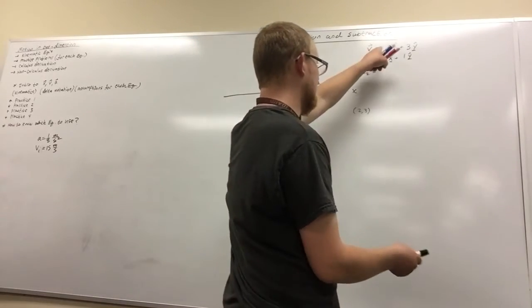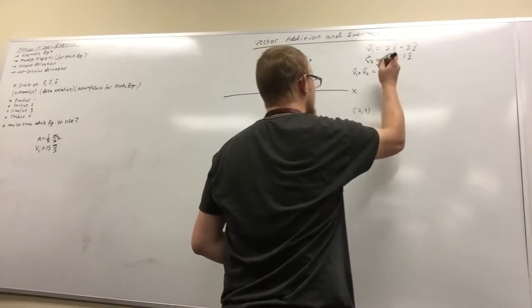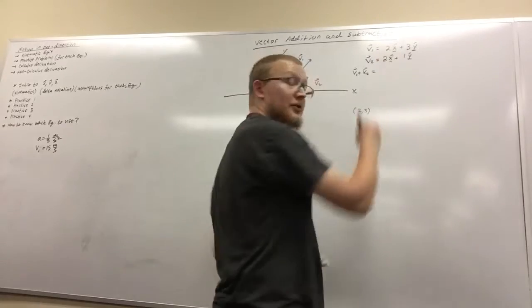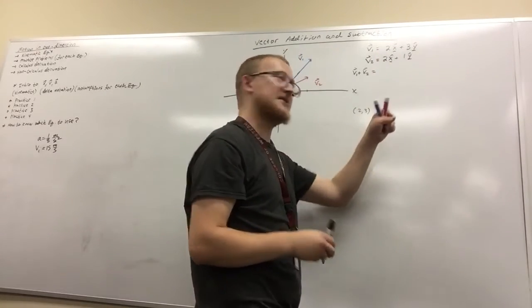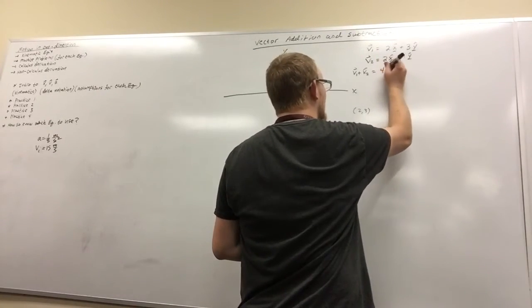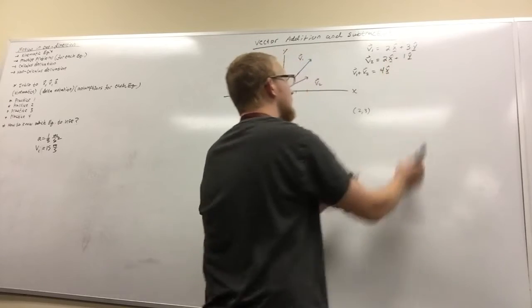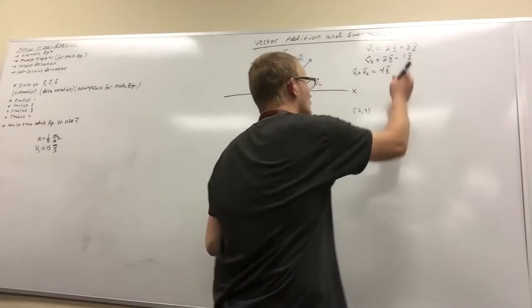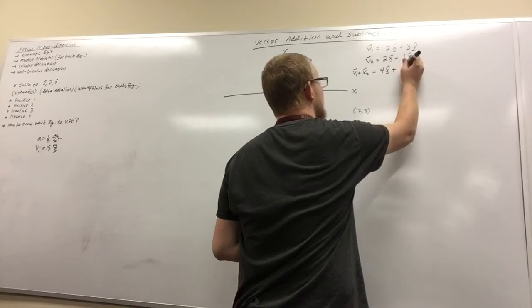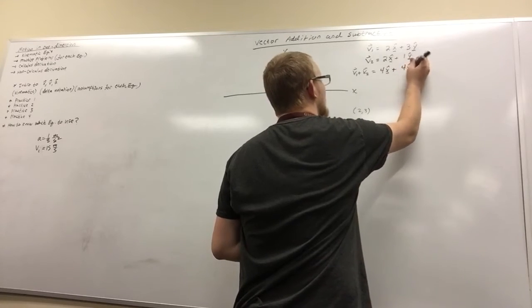And so we have to add like components. 2x unit vectors plus 2x unit vectors equals 4x unit vectors. 3y unit vectors plus 1y unit vector equals 4y unit vectors.